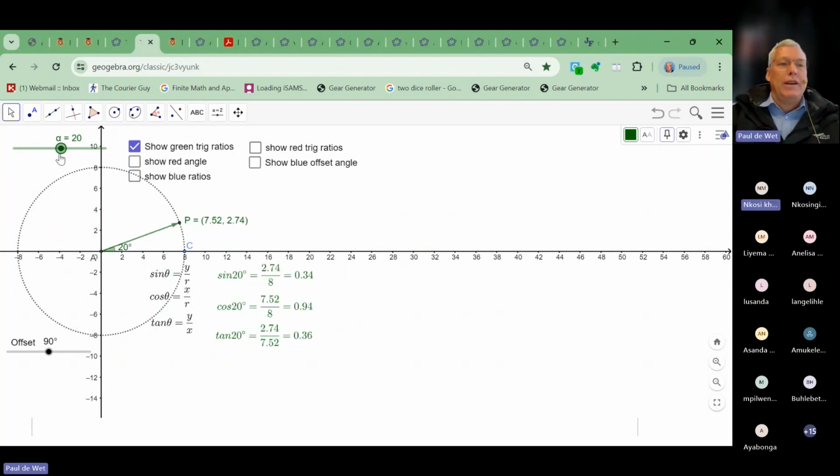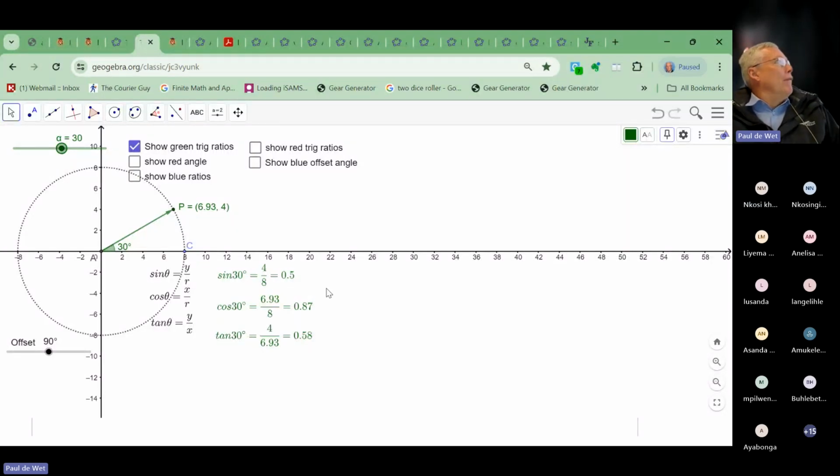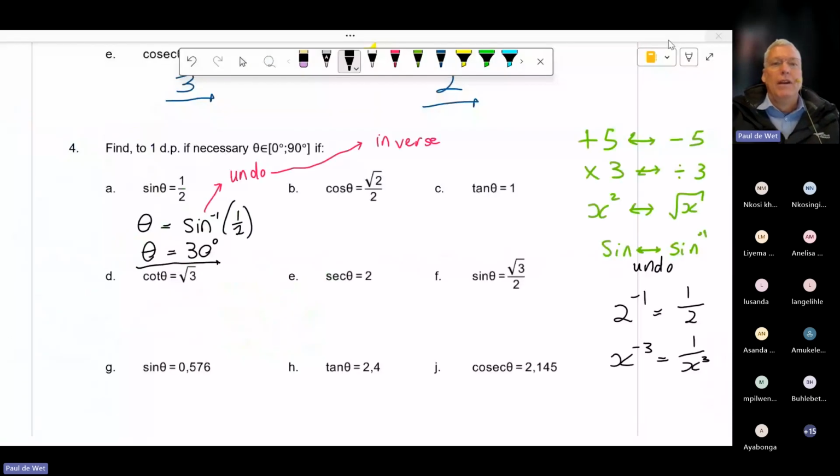If I go to 30 degrees, what do you see about sine? Sine is a half. Positive, but it's actually a half.